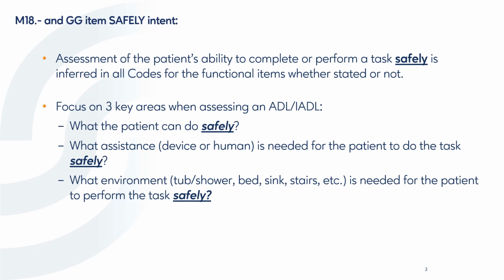So we want to focus on three key areas when you're assessing these ADLs or IADLs. What can the patient do safely? What assistance, whether it's a device or a human, is needed so that the patient can do that task safely? And what environment, is it the tub, the shower, the bed, the sink, the stairs? What environment is needed for that patient to perform that task safely?